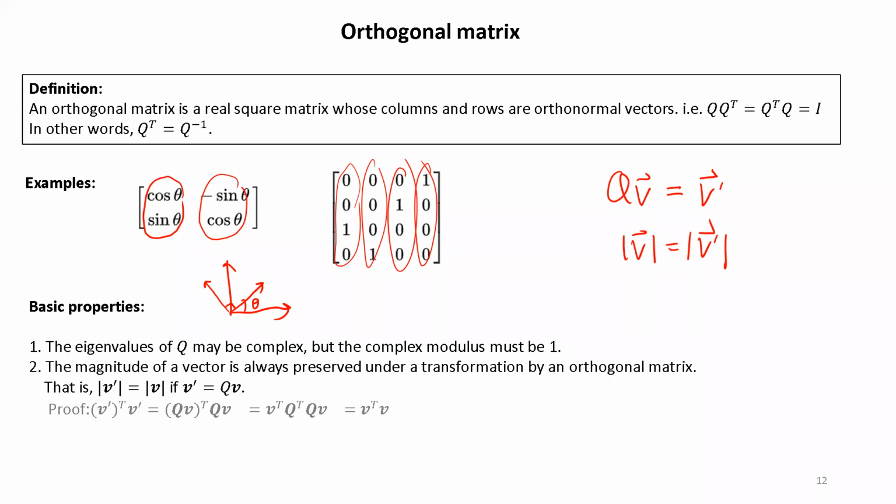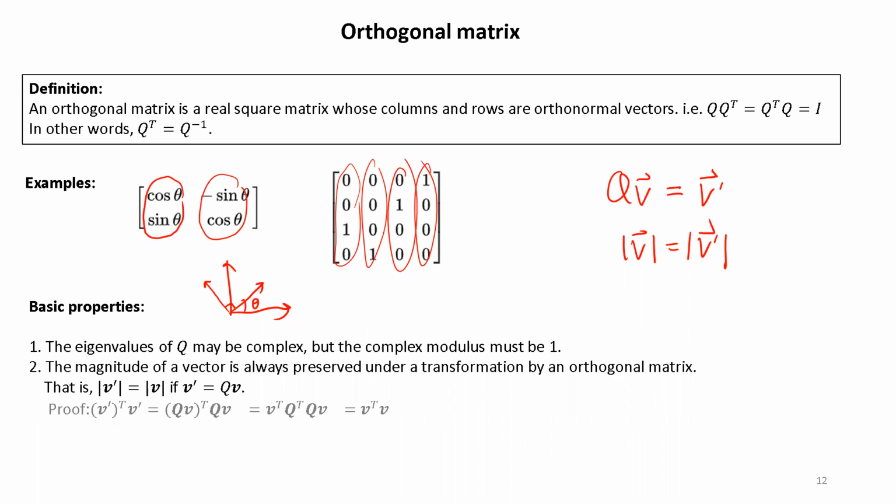Geometrically, one common example is, of course, rotation. Rotation will change the direction of your vector, but it never changes the length of the vector. So a rotation matrix is an orthogonal matrix.